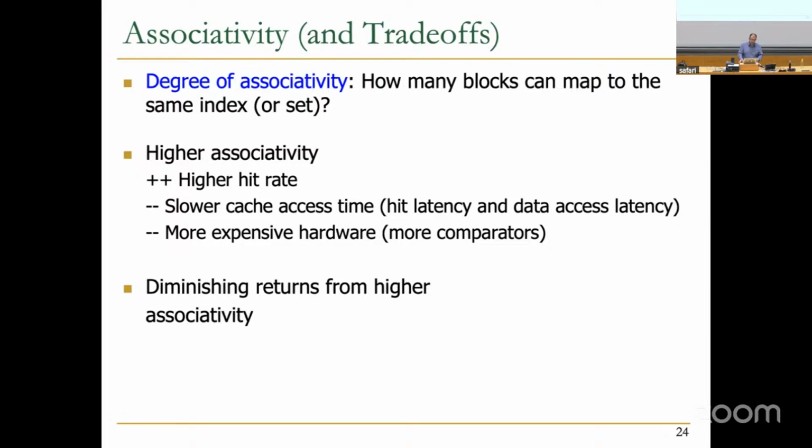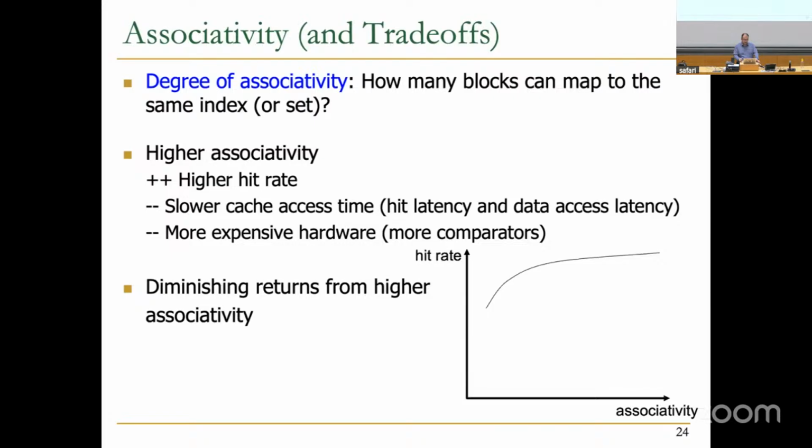And then at some point, the benefit you get from a better hit rate does not justify increasing the access latency of your caches. This is the graph that usually looks like this: when you increase associativity, hit rate increases, but we have diminishing returns, and basically we saturate at some point, which makes sense, right?